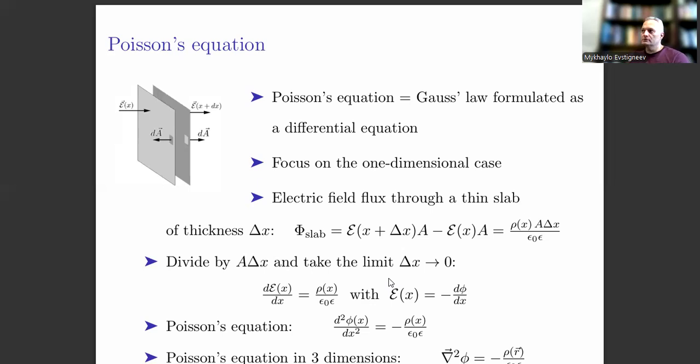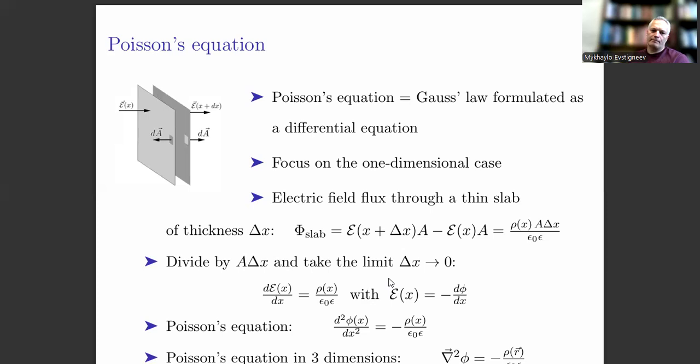Let us choose our Gaussian surface in the form of a slab, a thin sheet of material. Of course, Gaussian surface is an imaginary surface, so you do not really need to cut that slab out of the material. You just imagine that surface.